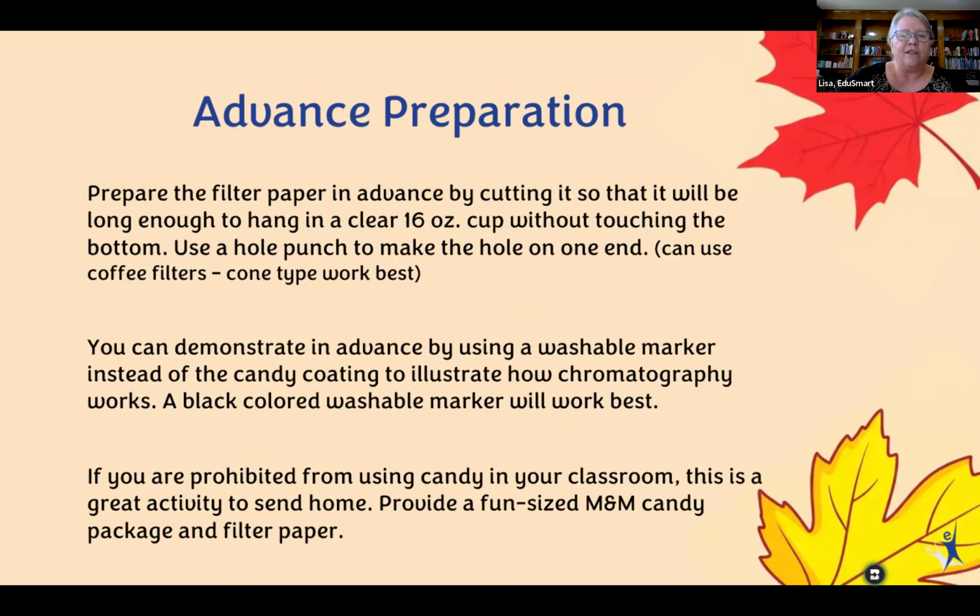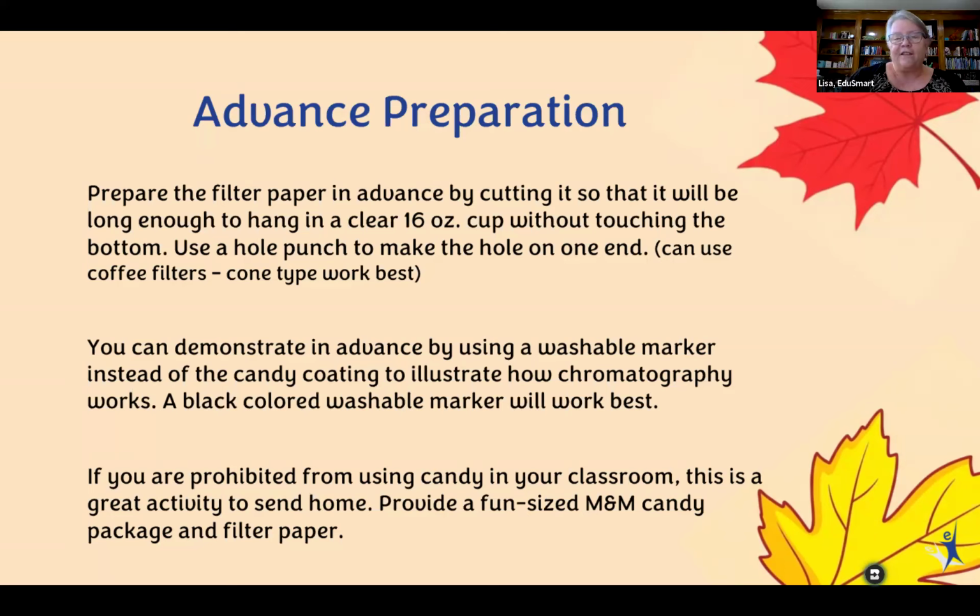This is the teacher's advanced preparation. I would cut up the filter paper in advance and also punch the holes in it. Make sure it can hang in a clear plastic cup so they can see what's going on without touching the bottom of the cup. Like I just said, you can demonstrate by using a washable marker instead of the candy coating, and black will work best.